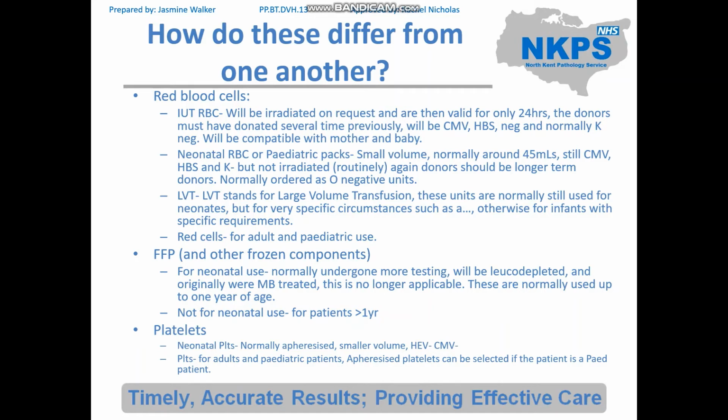They are intended for neonates. They are small volume, normally only 45 mils, still CMV neg and HBS and K neg, but not irradiated routinely. And most hospitals will order them as O negative units only. I will go through why it's important to be aware that they are for neonatal use only later on.